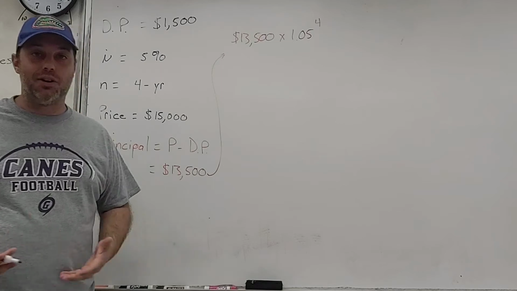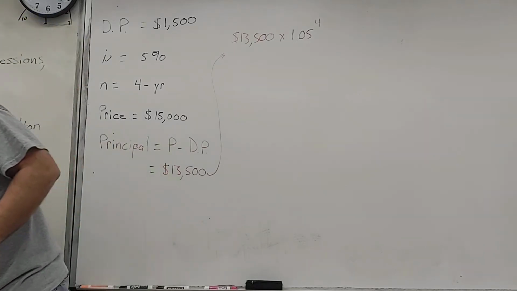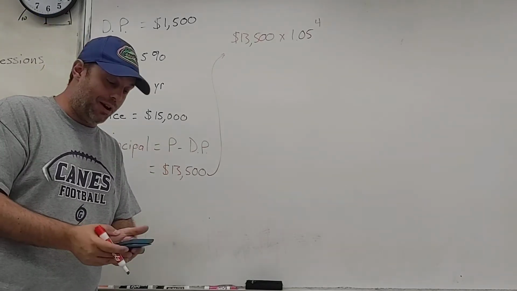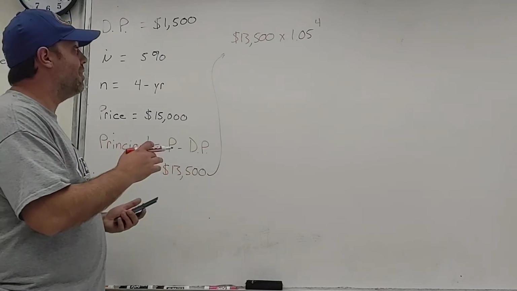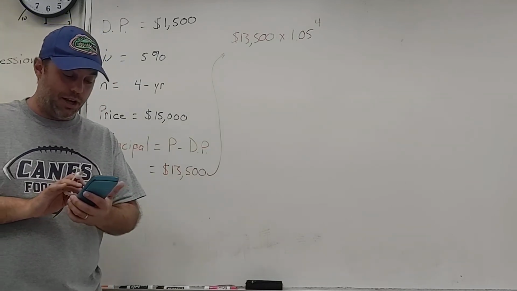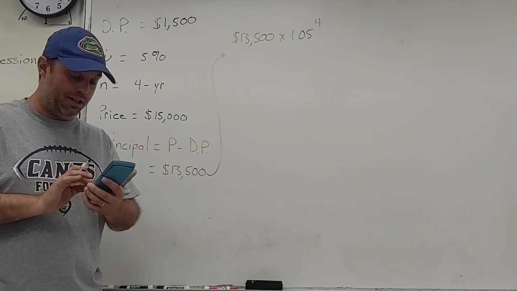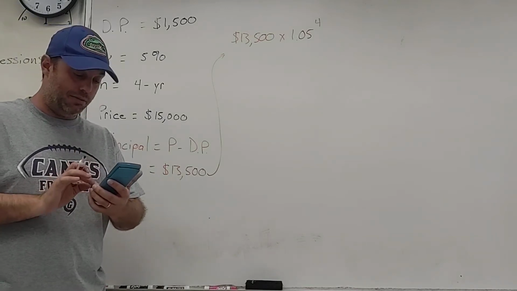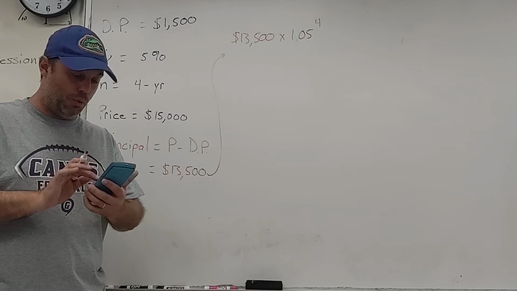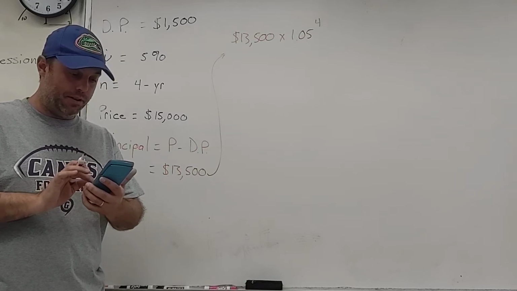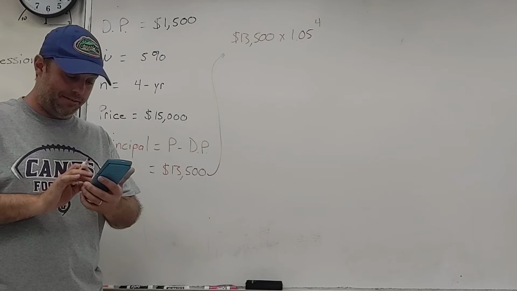So if you've got a calculator, go ahead and grab that. I'm going to grab mine right here because honestly, I can't really do this too well in my head. So we're going to plug this in real quick. 1.05 to the 4th, times 13,500.